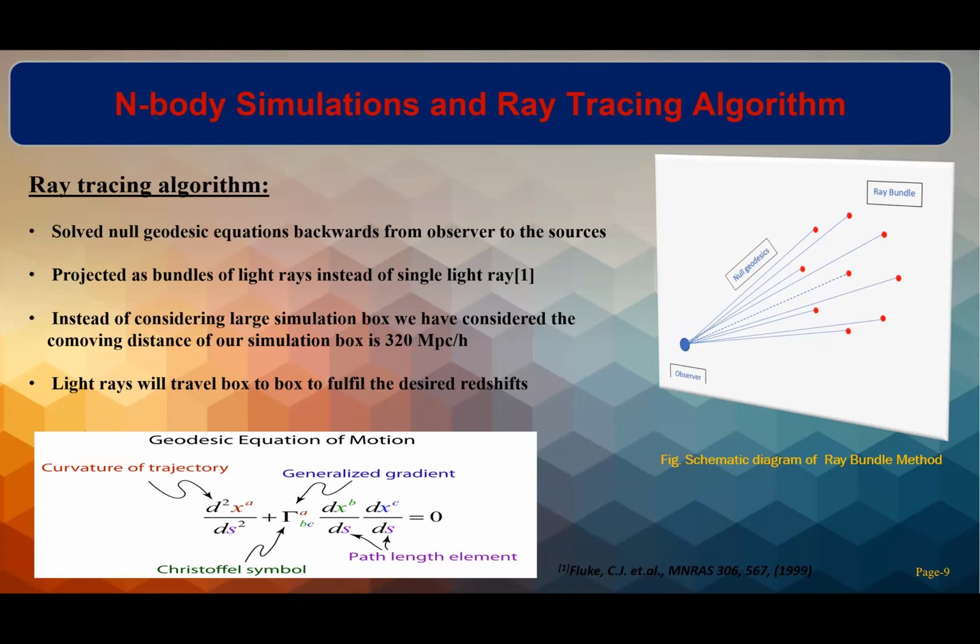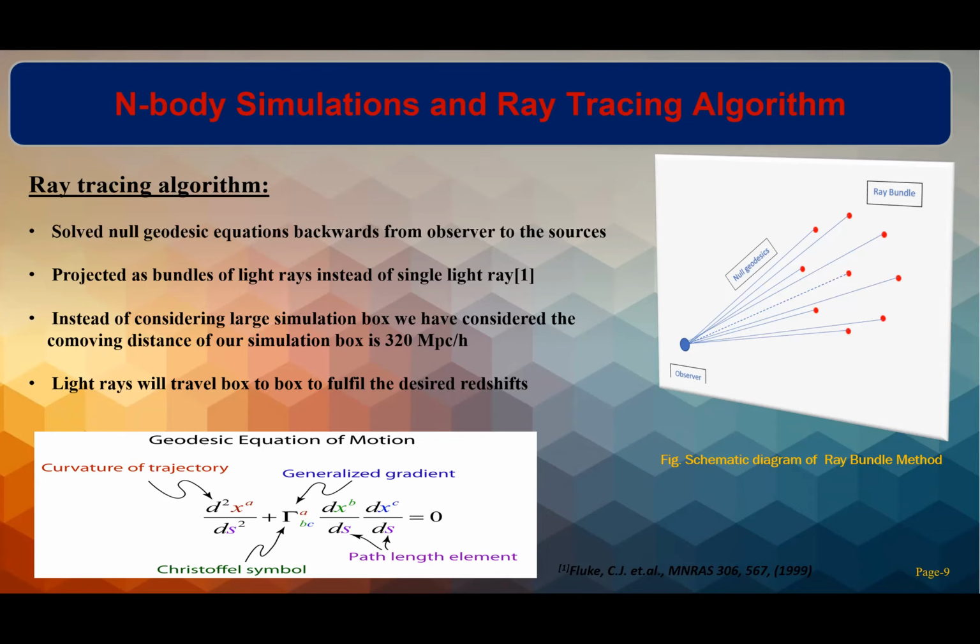The ray tracing algorithm that I have developed solves null geodesic equations backwards from observer to sources. Here are the geodesic equations, where Gamma^a_bc are the Christoffel symbols, and in every step of the integration it tells the photon what direction it should go.